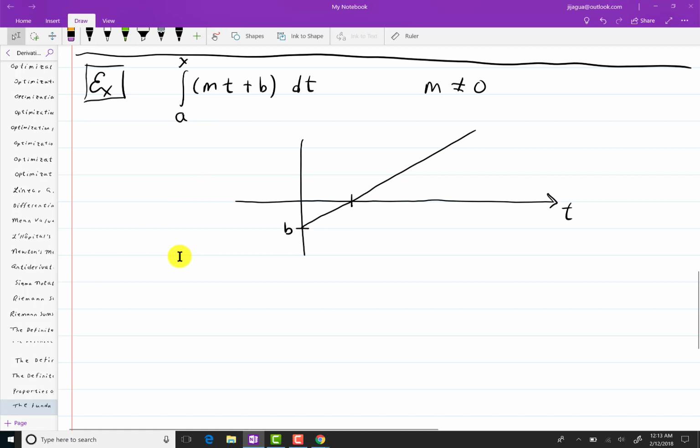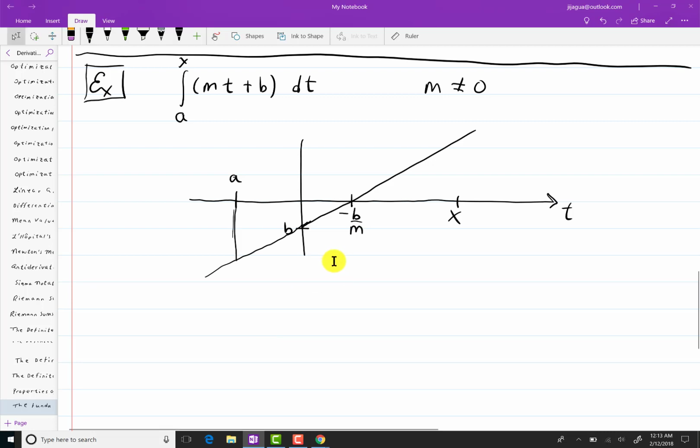Well, that's negative b over m. Depending on where a is located, I could end this at x, and let's just say a is out here somewhere. So I'll continue this line so that a can have its time as well.